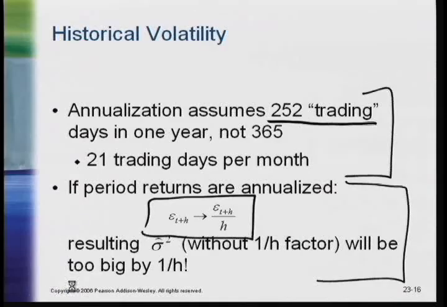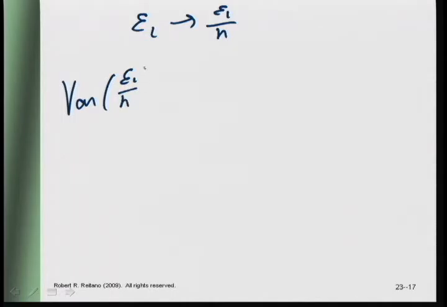The calculation is quite simple, and that is if I annualize this measure, and then I calculate the variance of these, the sample variance, using the typical formula. Since I'm annualizing the period returns, it would be logical to think that this variance estimate would give us an annual variance. But let's see what happens.